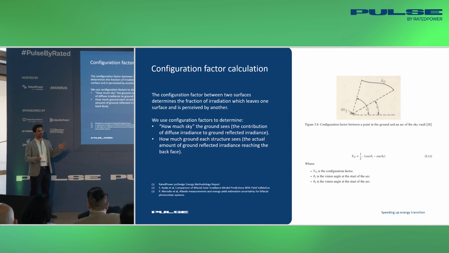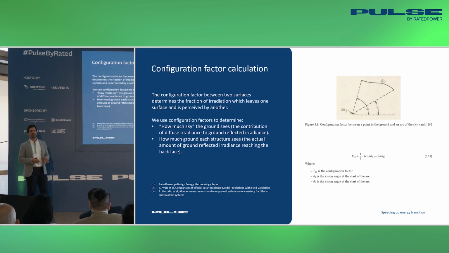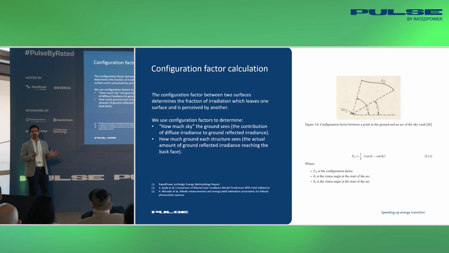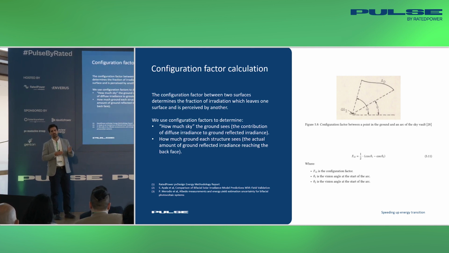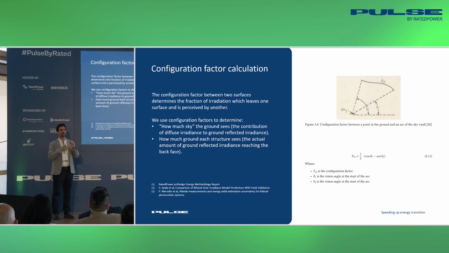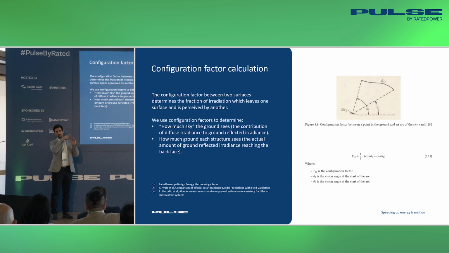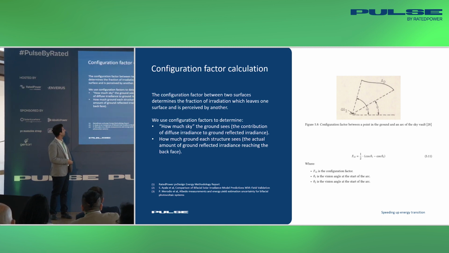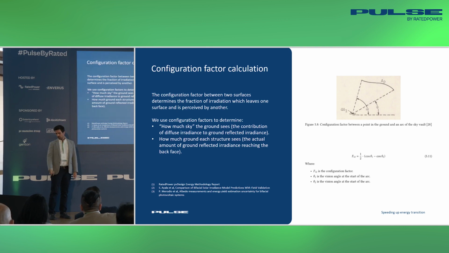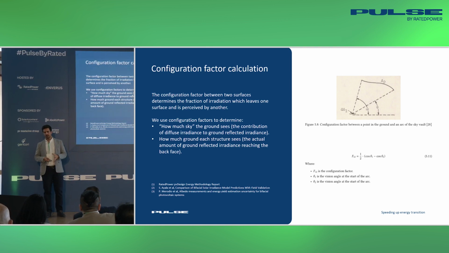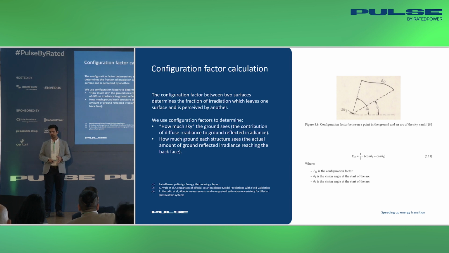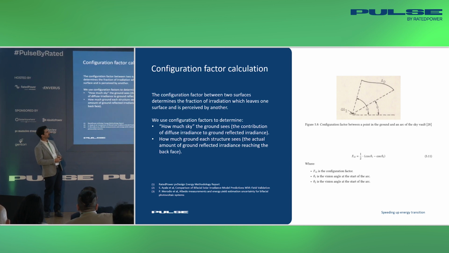So if we translate heat to irradiance, we are looking at how much sky we are seeing from some point of the ground, and we are also evaluating how much ground the structure sees, right? And how much irradiance comes from those sources. So the first evaluation we need to make is the one that's coming up right now.